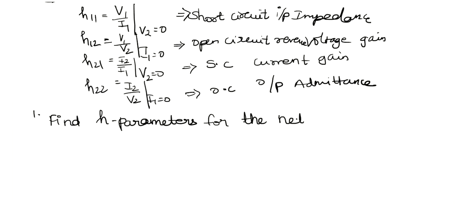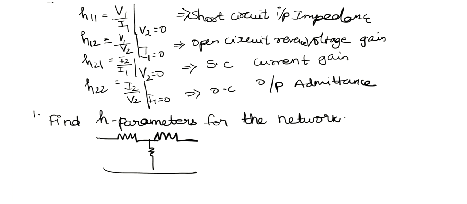The network will be T-shaped. Three resistors are given, and the current flow will be I1; the values are 10 ohm, 15 ohm, and 5 ohm, followed by your I2 current. It's a simple question because only two loops are involved.